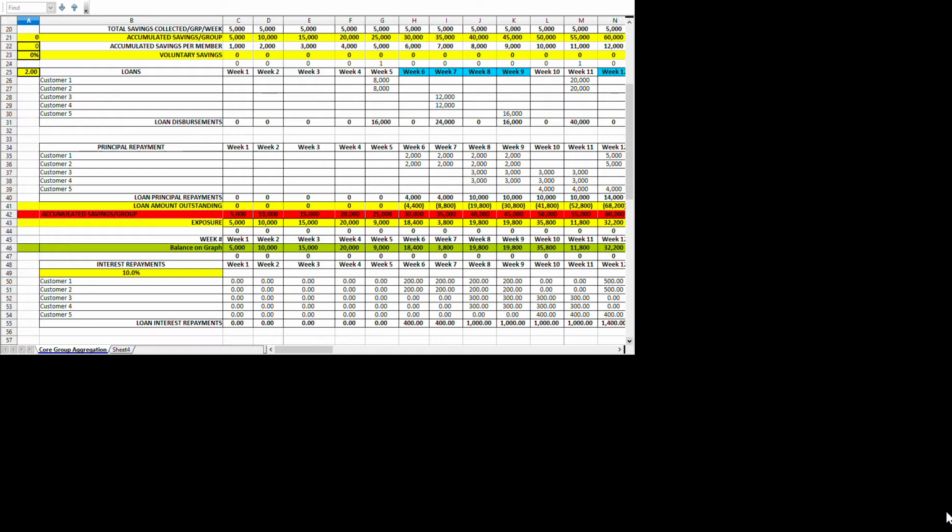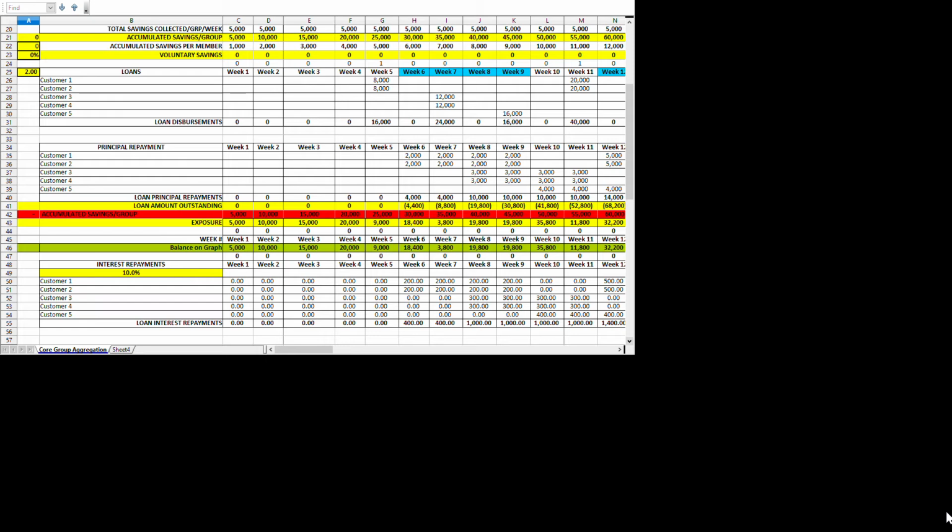Then in week 7, another 2 loans go out at $12,000, which is twice $6,000. And in week 9, the last loan goes out at $16,000, which is twice $8,000. Now this is what we call a loan stagger. You notice in week 5, 7, and 9, the loans are going out in the ratio of 2 to 2 to 1 for the customers.